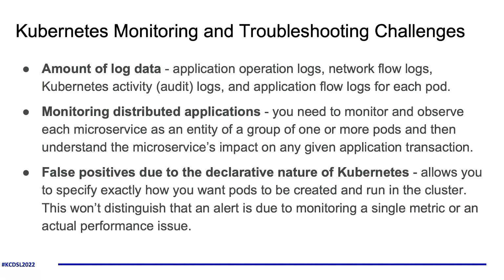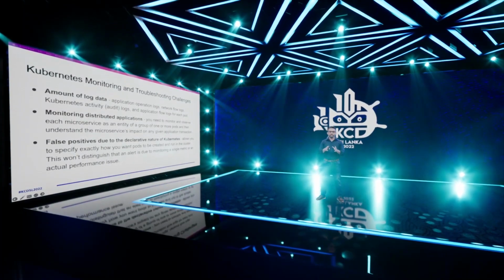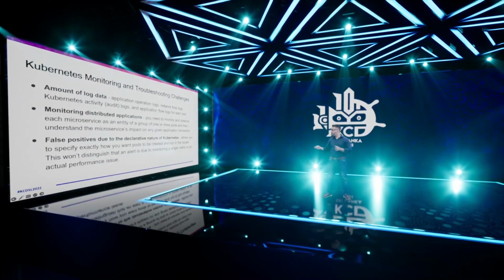Getting the full picture is a bit of a challenge as well. Finally, because Kubernetes is declarative in nature, you can define how you want the pods to run and be created. That might give a false positive, especially when it comes to performance.